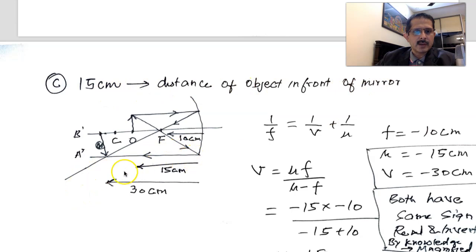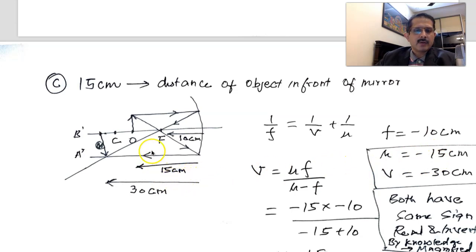So if you look from this side, the object is here, and this is the direction of the object. U is from pole to object, as I always said in the sign convention. So the direction would be this, which is opposite to the incident ray, hence it is minus, and that is what we have written here.